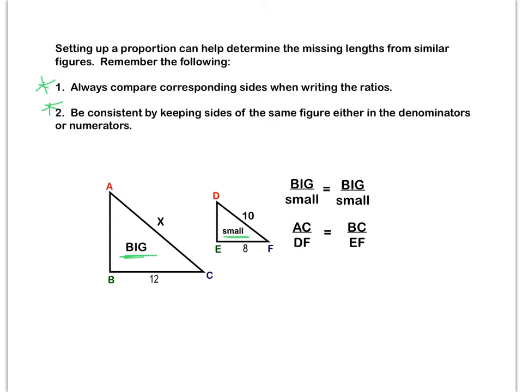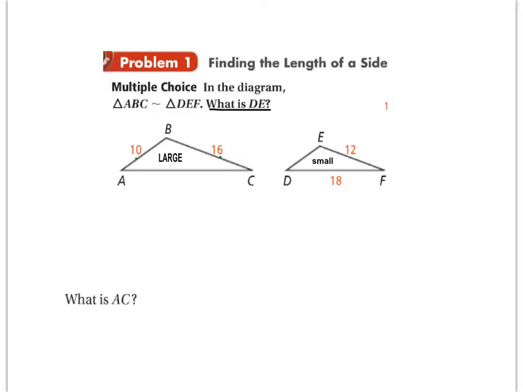So if we did side AC, that matches up with side DF. You see that right here. And that went from big to small. So then you've got to keep that same order over here, big to small. And so then they just did B to C, and that matches up with E and F. Order is very important. So let's go ahead and try to put this all together in a problem.